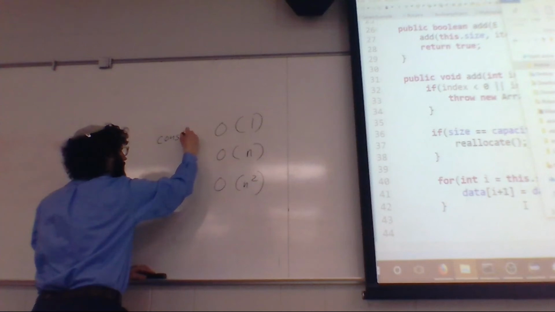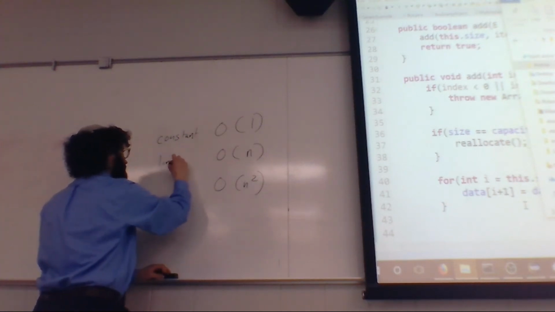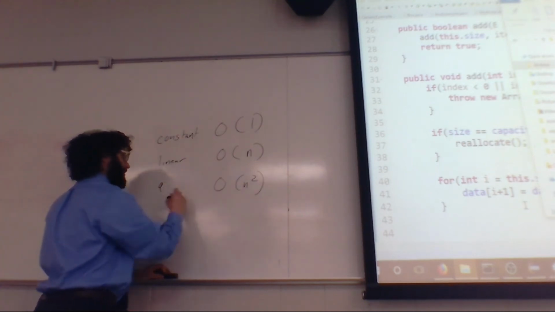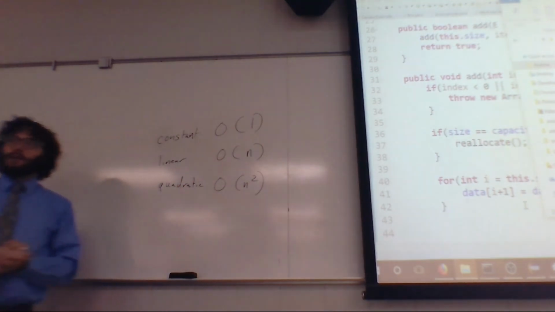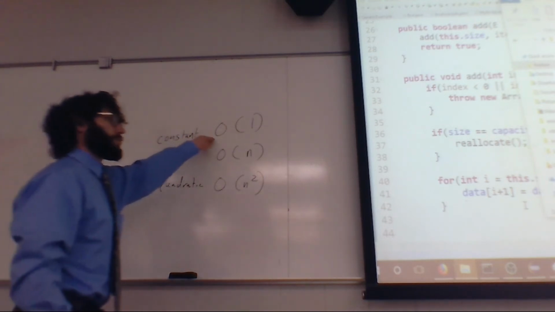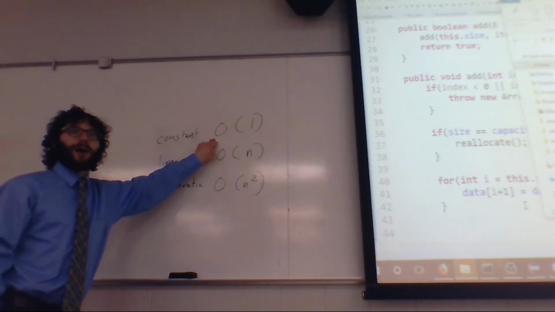O of 1 is short for constant time, O of n is linear time, and then O of n squared, that's a quadratic function, so this is unsurprisingly called quadratic time. Okay? Now what does this mean? Constant time means no matter what your input is, it's always going to take the same amount of time to run, essentially.